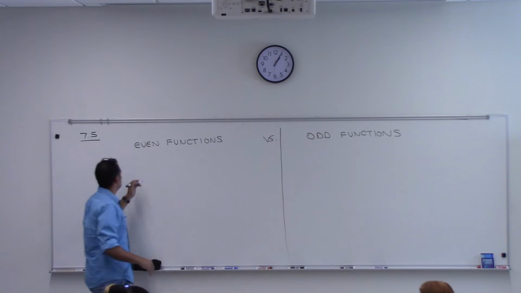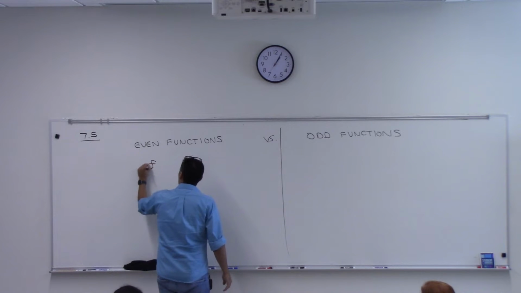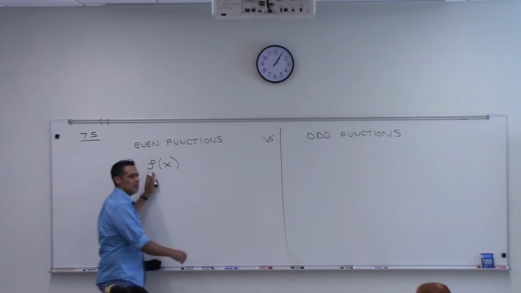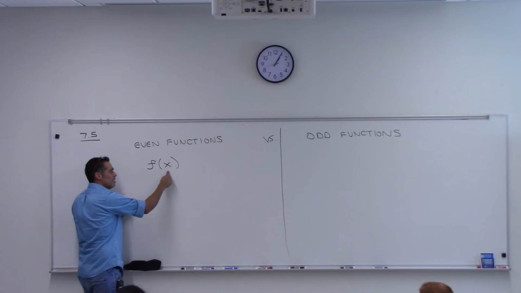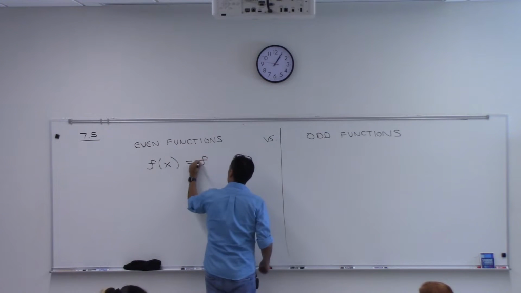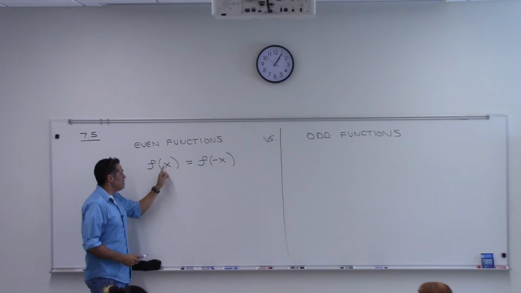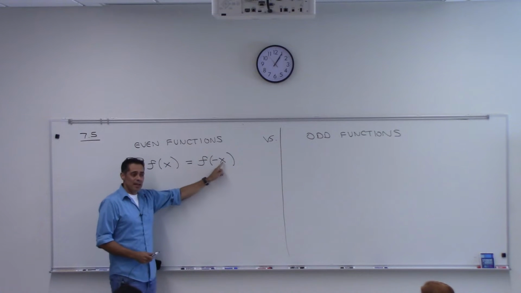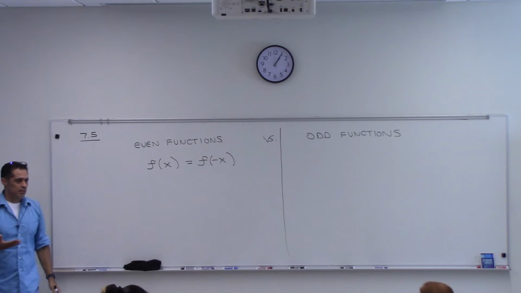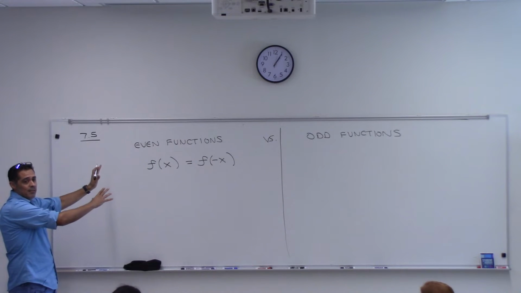The definition of an even function is this: you take the function and plug in some value x, and if you get the same answer when you plug in the opposite, negative x, if those two things are equal, then you have an even function.